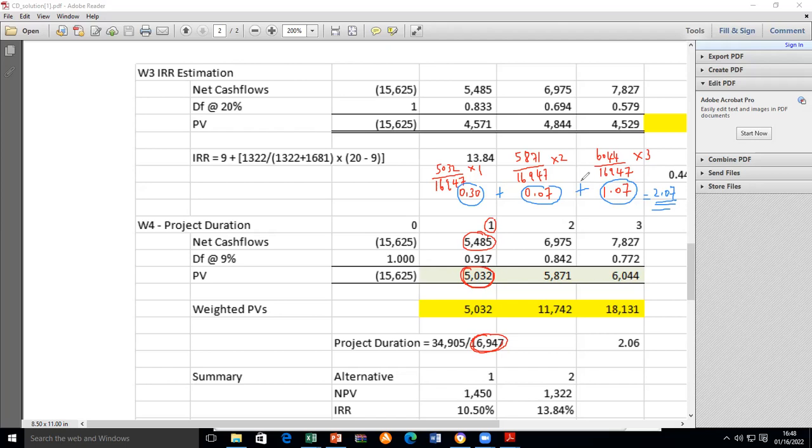Mr. Piri, I think the second one is wrong. I think the correct one is 0.7, not 0.07. Yes, 0.7. Okay, let's go.